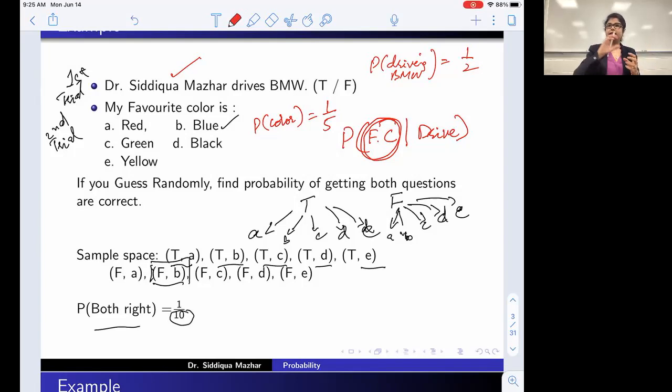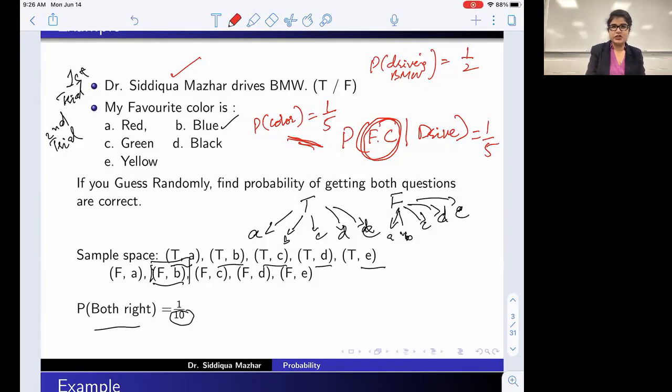It has nothing to do with what car I drive, so it will be the same as the probability of finding my favorite color. So this will be 1/5. If I look at these two statements together, what is the probability of finding my favorite color, given that the first experiment has already happened? The answer is the same, 1/5, because there are no other options.